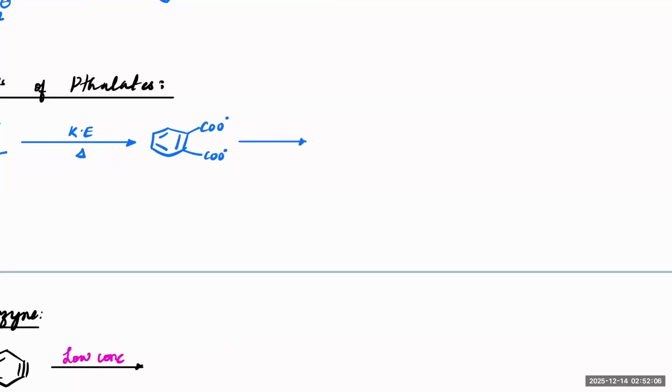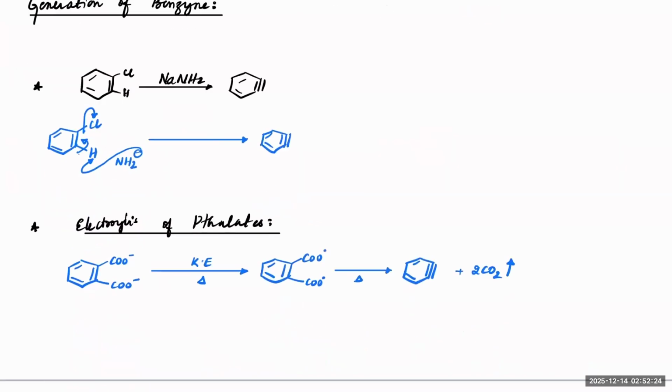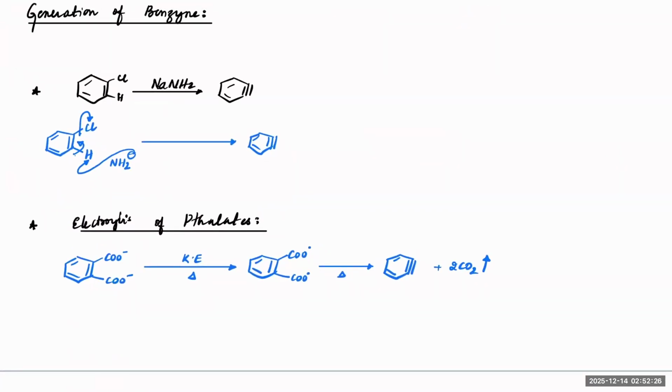And this on heating will give away carbon dioxide. So what do we get? So here we have a double bond and triple bond is outward plus 2 moles of CO2. That's how you will get benzyne. Okay. These are most typical ways by which you can get the benzyne form.